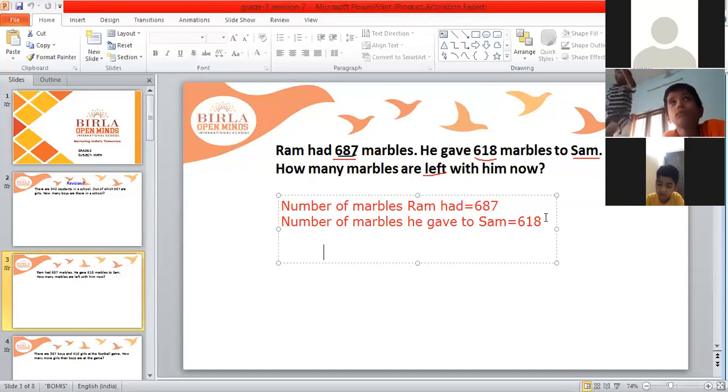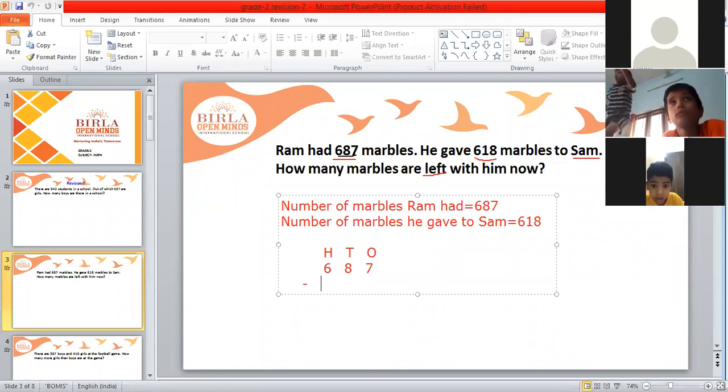Now we will arrange these numbers in ones, tens and hundreds column. Okay. So your biggest number is 687. So we'll write that first. 6 we'll write in hundreds place. 8 we'll write in tens place. And 7 we'll write in ones place.